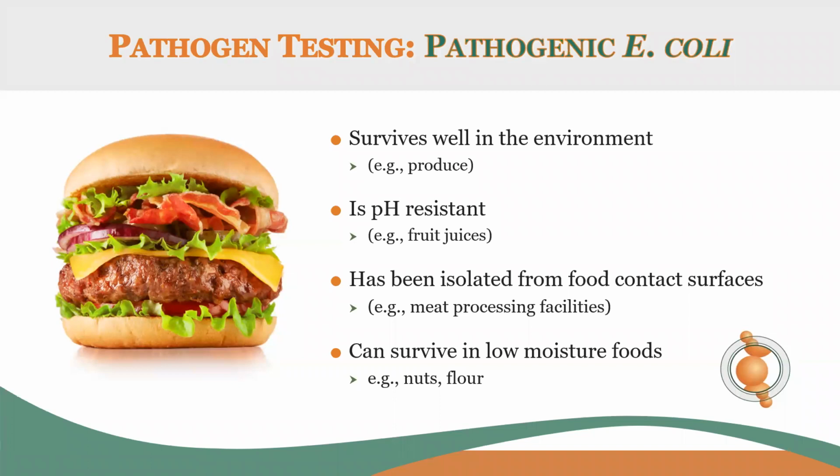It is pH resistant. So with fruit juices, anything that might be higher acid, you have to think about E. coli there. It has been isolated from food contact surfaces, and it can survive in low moisture foods like flour.